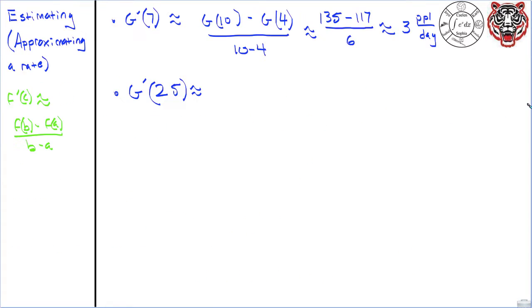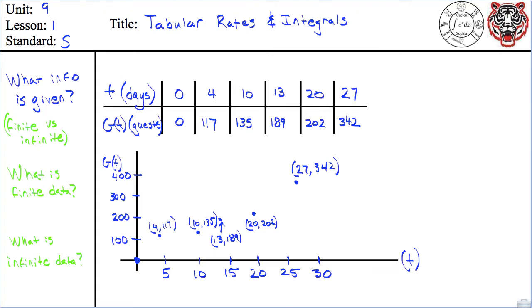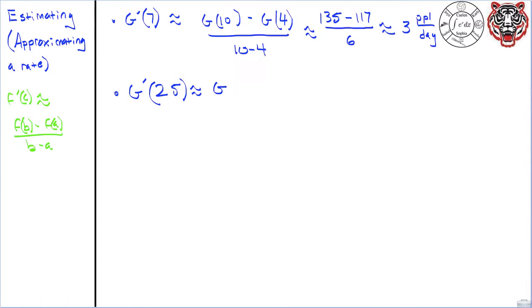Wait, what was the date? The 25th. So what happens if g of 20 is bigger? Do we put it first? You usually put the bigger one first, and then the smaller one second. But honestly, it doesn't matter as long as you keep them in the same order.